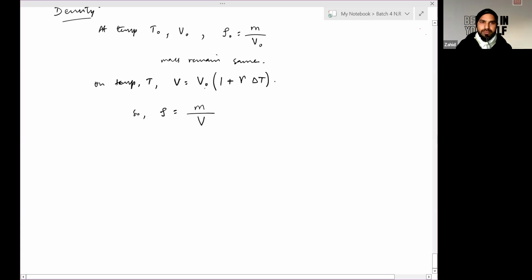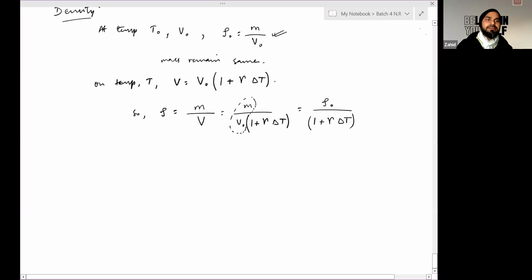Put the value of volume to be V naught times 1 plus gamma delta T. So you'll get M divided by V naught times 1 plus gamma delta T. Now this particular quantity, mass divided by volume naught, is nothing but rho naught according to the above relation. So we can write it as rho naught divided by 1 plus gamma delta T. Is it clear?